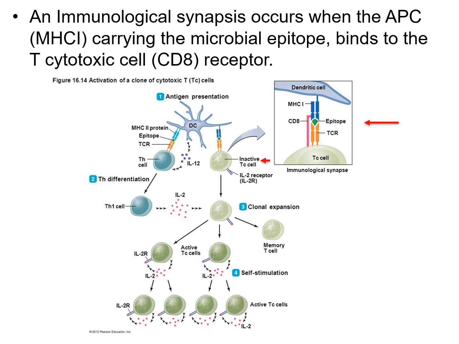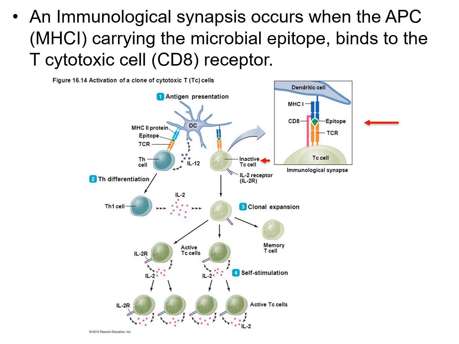Immunological synapses occur when the antigen presenting cell, carrying the epitope, binds to a T cytotoxic receptor. So in the picture, they've enlarged what we're talking about. On that dendritic cell, on the right arm of the dendritic cell, on its glove, it is presenting a piece of that epitope, a piece of that herpes virus on MHC1.